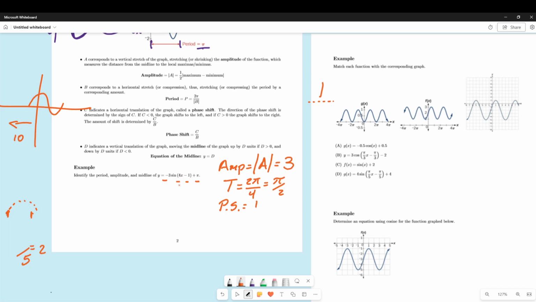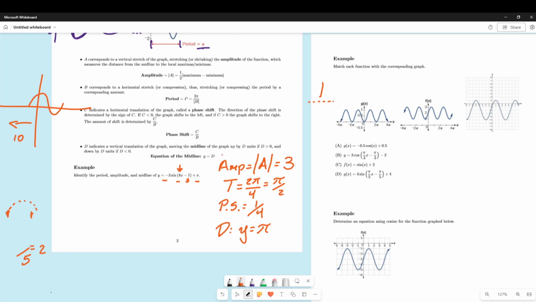Everything's going backwards. But remember that phase shift, that C value, has to be compressed by that period change before it actually becomes our phase shift. So our phase shift there is going to be 1/4. And then our midline is going to be the line y equals pi.